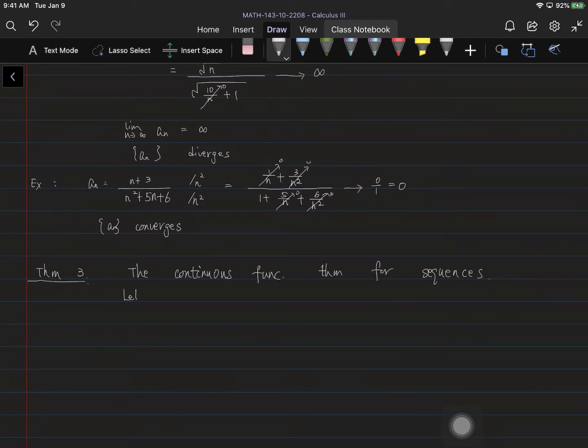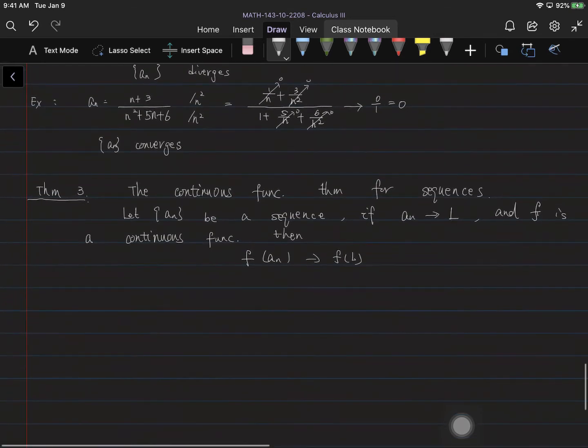So here we have a sequence an, and if an has a limit, and the limit is L, and if f is also a continuous function, then the conclusion is f(an) goes to f(L). Okay, f(an) goes to f(L).